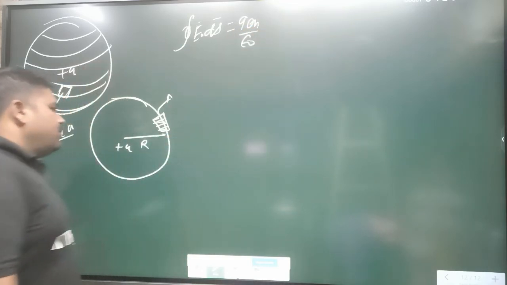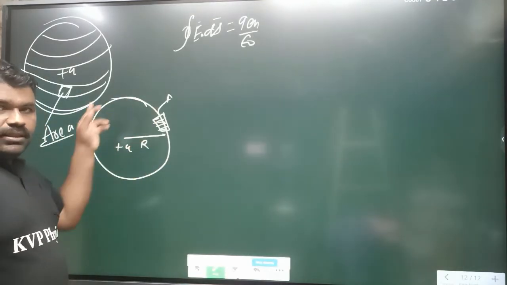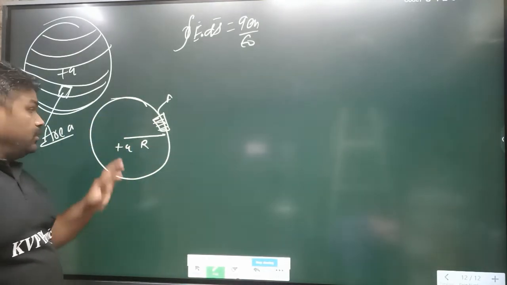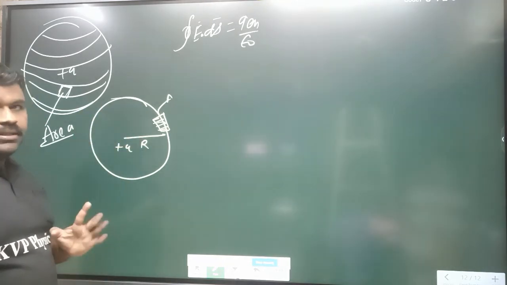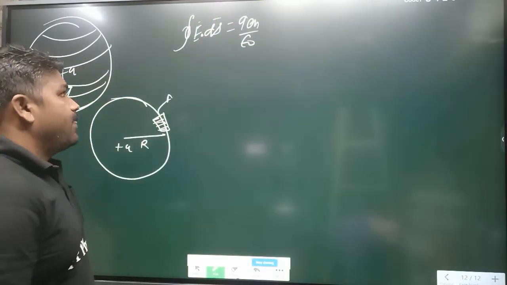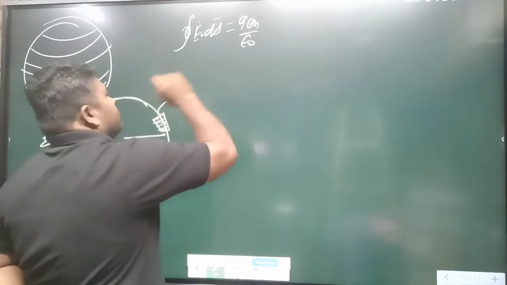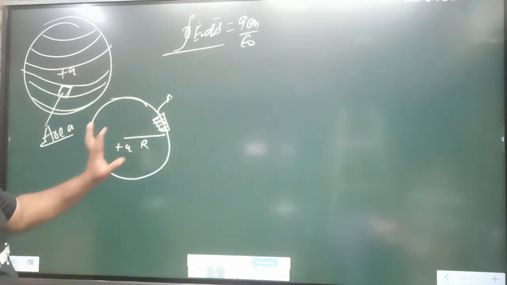Now this Q charge is enclosed by this surface. Yes or no? Yes. Means this Gauss law is applicable here. Q enclosed upon epsilon naught is equal to closed integral E bar dot ds bar. Closed means the charge is enclosed.